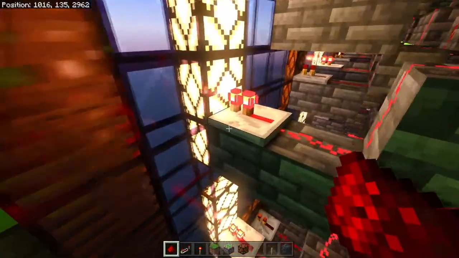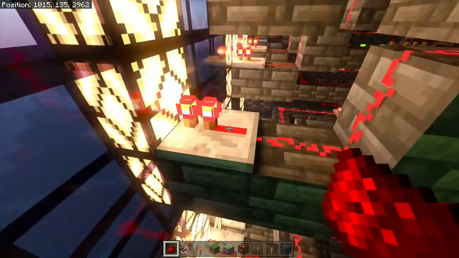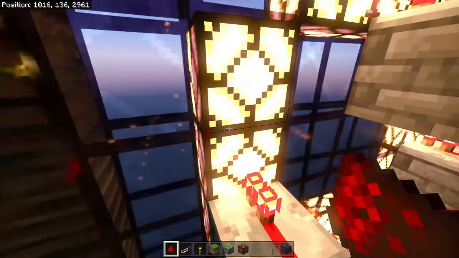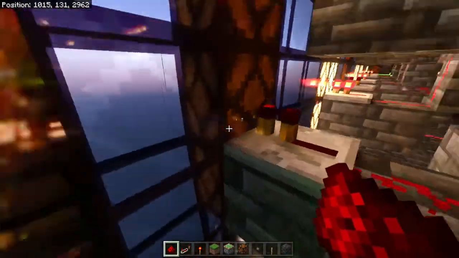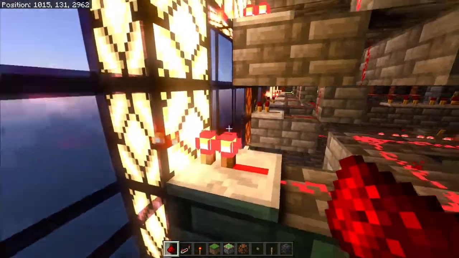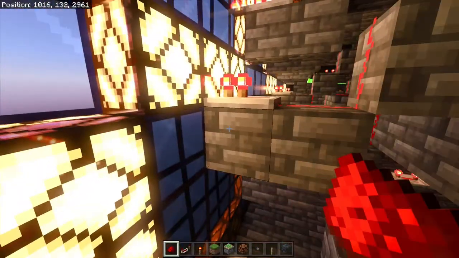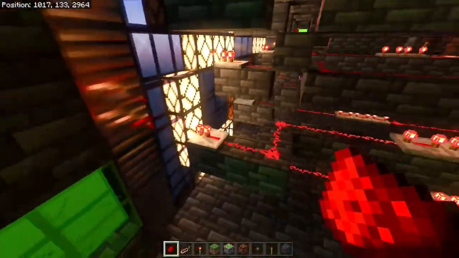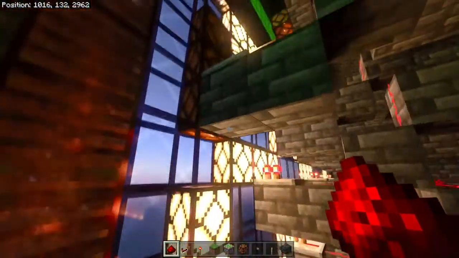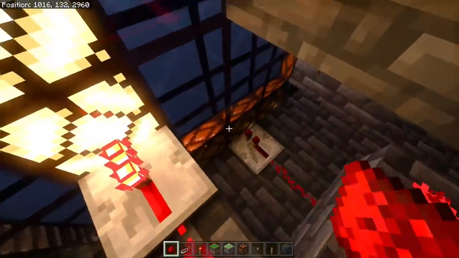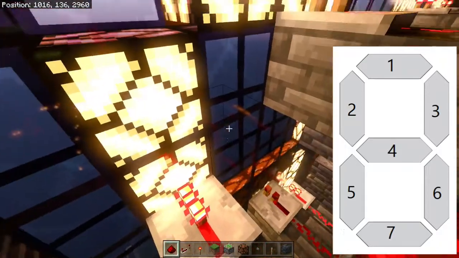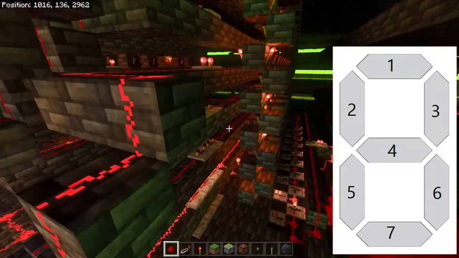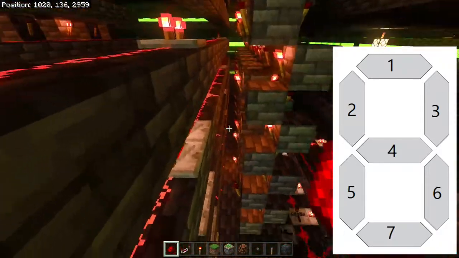Now something to understand here is that I'm directly using the repeater to power the center redstone lamp, and that is powering the 2 neighboring redstone lamps, using that powered block concept to make each segment. And then in engineering they call these things a 7-segment display because there's 7 bits to the numbers that can be either on or off that causes the numbers to show up.